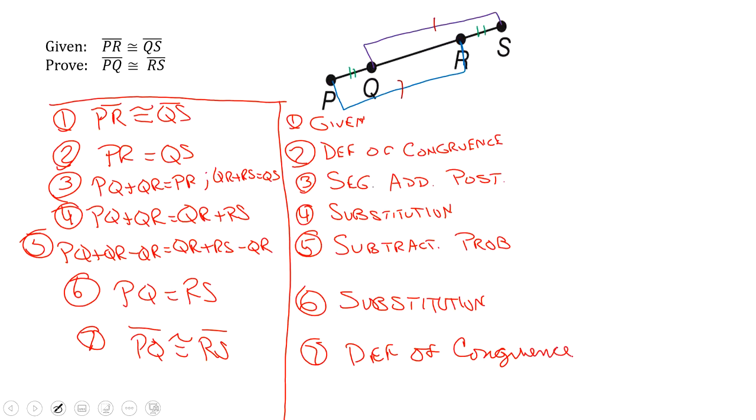So as you can see, don't be worried about using the same reason code more than once. We use definition of congruence twice. We use segment addition once there. We use substitution twice. So don't worry about using them more than once.